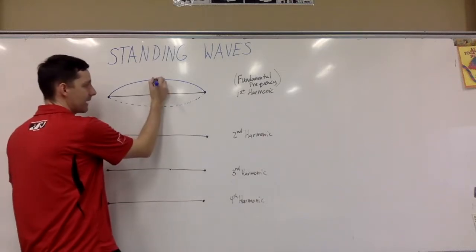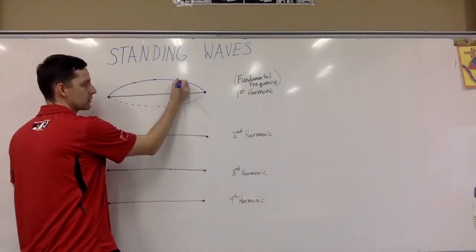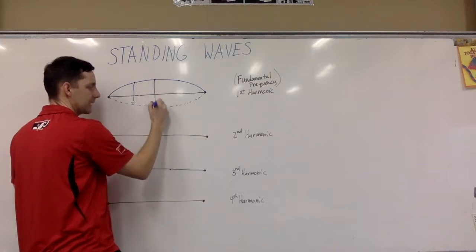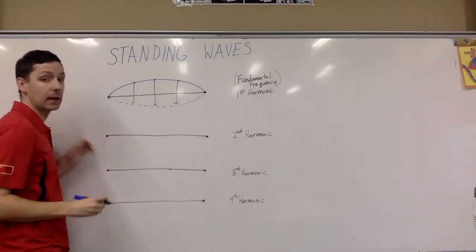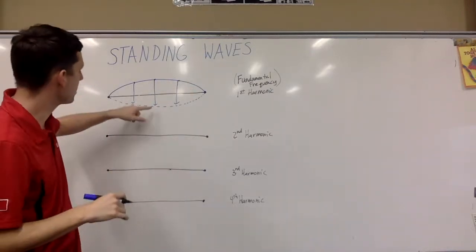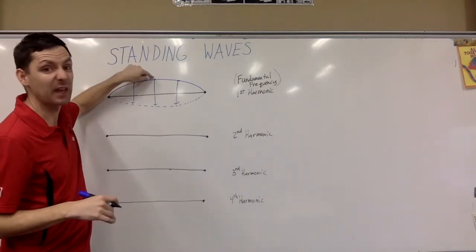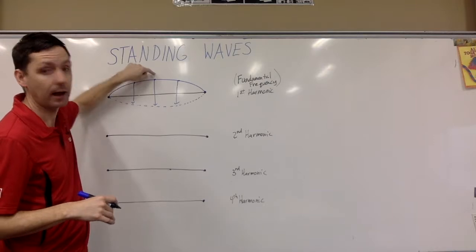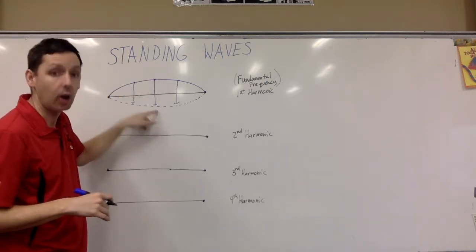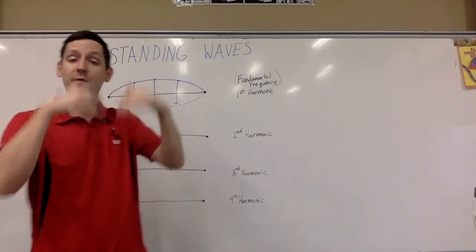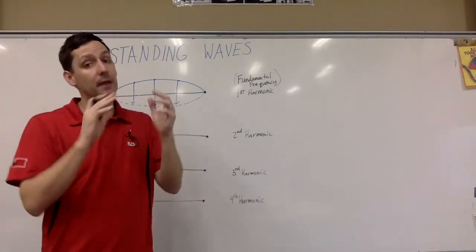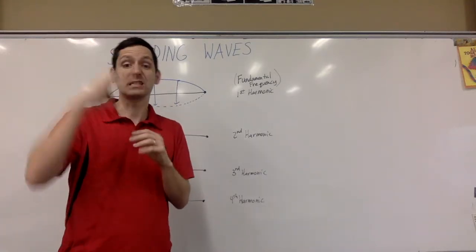Notice that every single point along this curve is moving in the same direction at the same time, okay? Not at the same rate, right? The one in the middle is going to go higher. These other points aren't ever going to get that high. Only that point will go up that high and down to the very bottom. All of the others will move in phase, they'll move up and down at the same time, but they won't be moving as far, right?